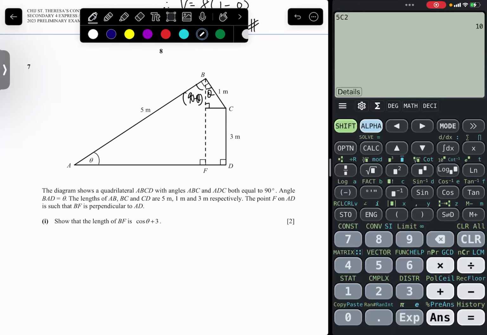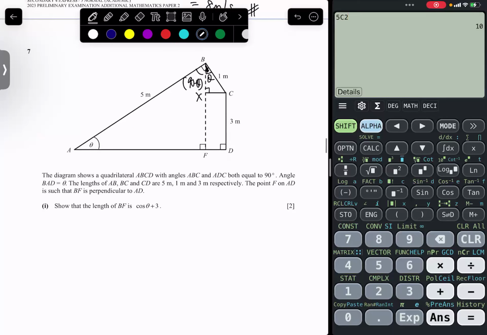Show that BF is cosine theta plus 3. Since this angle is theta, let's call this X. Let X be the point on BF such that CX is perpendicular to BF.